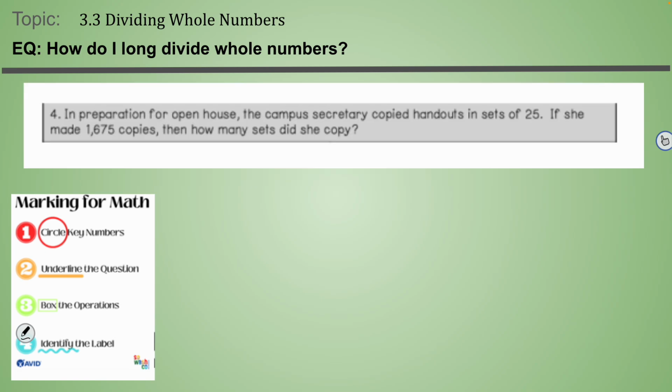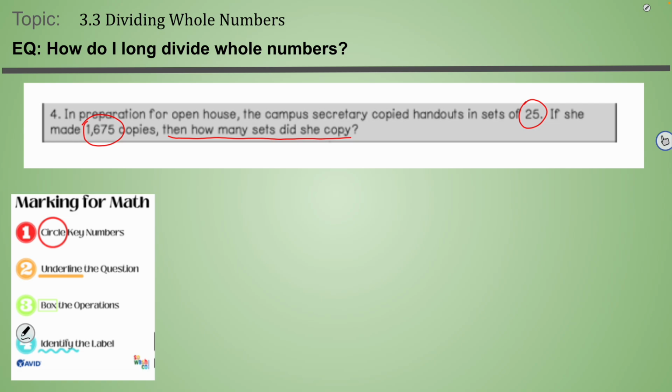Okay, so the problem we're going to do today, though, with whole numbers: in preparation for open house, the campus secretary copied handouts in sets of 25. If she made 1,675 copies, then how many sets did she copy?